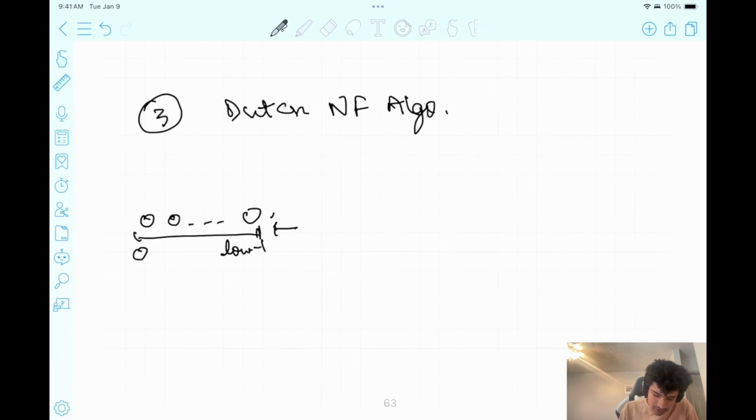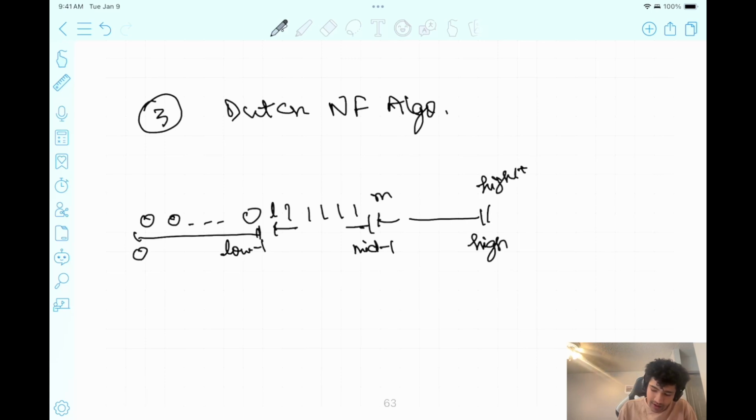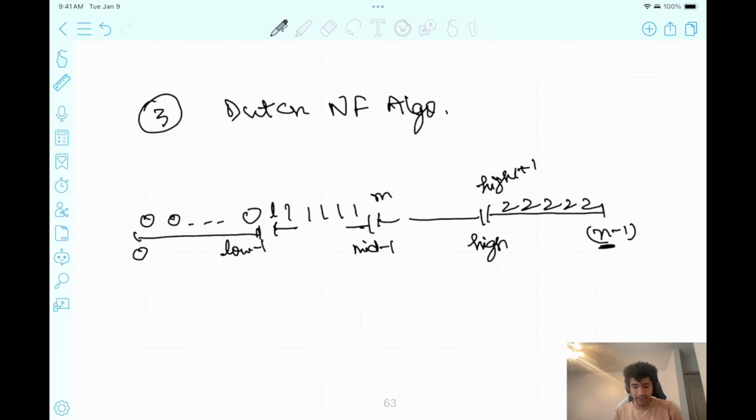And then from your low till your mid minus 1 are all ones, right? And then from mid till your high is unsorted. And then from high plus 1 till your end of array, so the length of array, consists of all the twos, right? This is what we have.